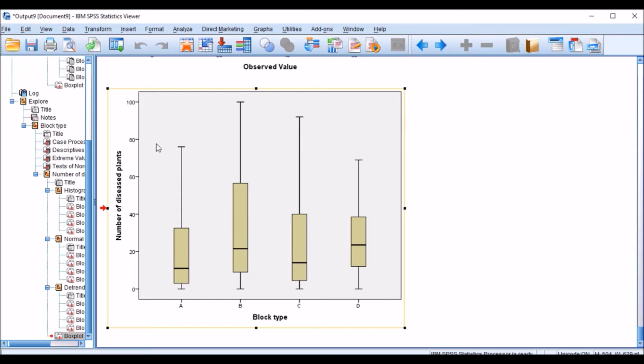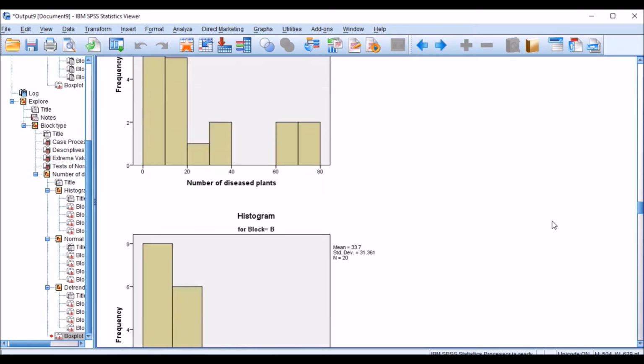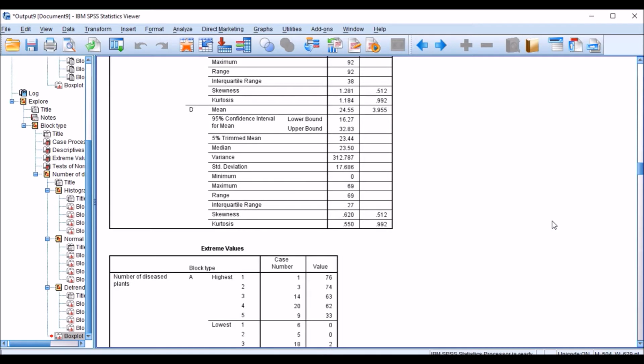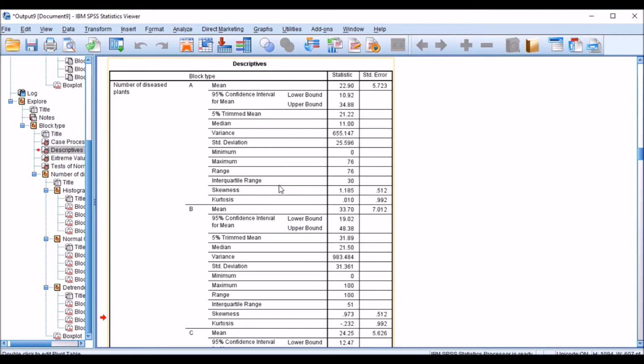Now we understand from this box plot how the data is distributed. The same thing we can see in the descriptive analysis: the minimum, maximum, whiskers, median, interquartile range, these things with the box plot.